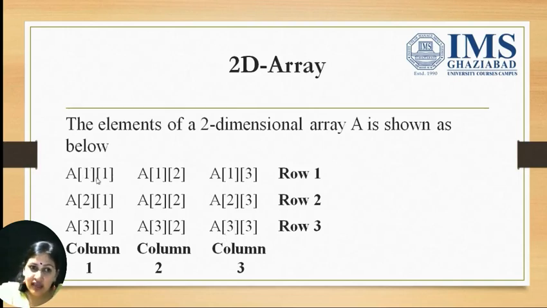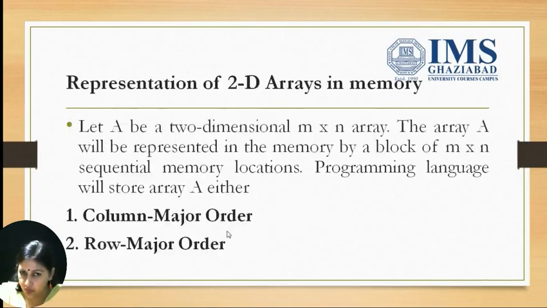In the same way, the second index 1 represents the lower bound for the column, and index 3 represents the upper bound for the column, because this is column number 1 and this is column number 3. So this is the lower bound of the column, this is the upper bound of the column, this is the lower bound of the row, and this is the upper bound of the row.